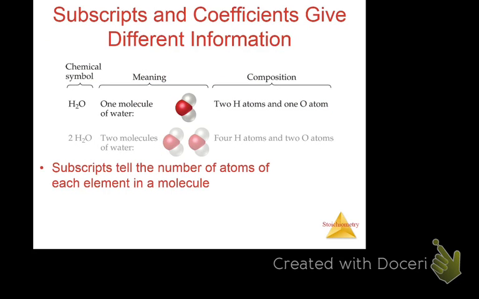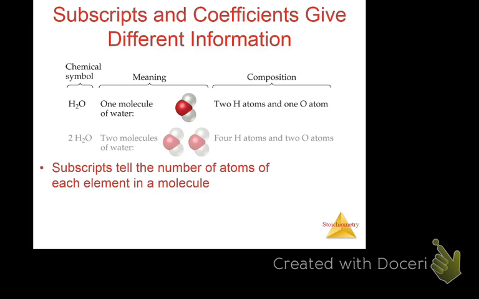All right. So once again, this is just the word way of saying what I've been stating on this. Do not get confused with the subscripts and the coefficients. The subscripts are the smaller numbers that are below the line, whereas the coefficients are the big numbers.